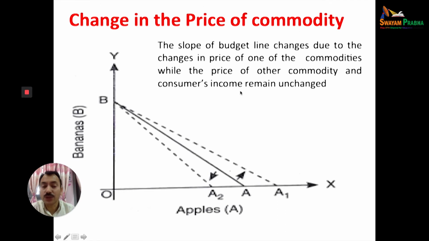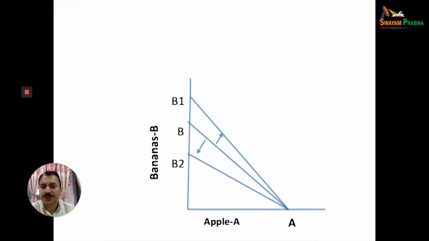But here we have to assume that the price of one commodity remains unchanged while the price of another commodity changes, like this. Now for example, if the price of banana changes but apple remains constant, then what will happen? If this price increases, then this will shift B to B2.